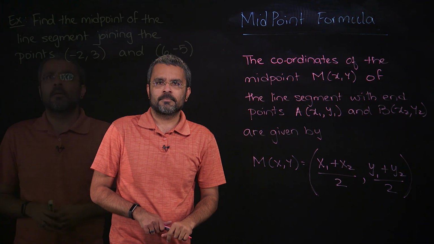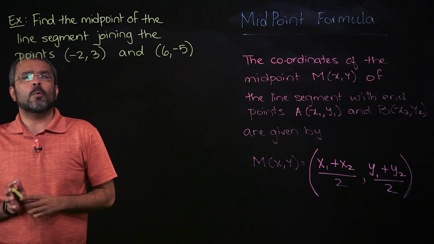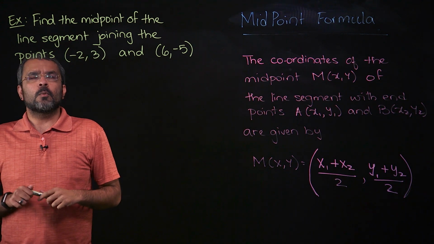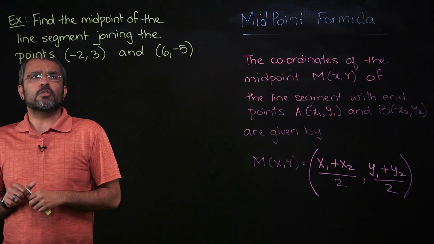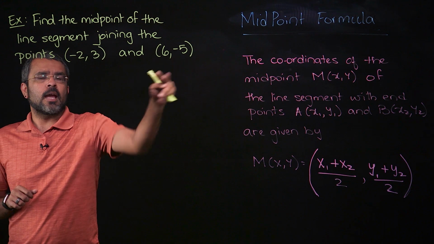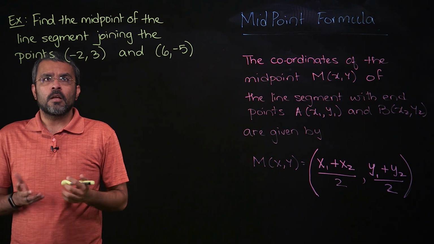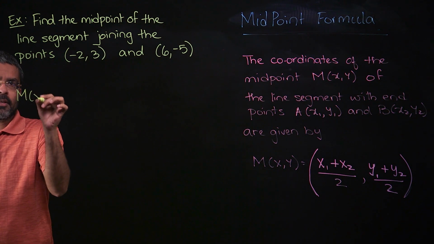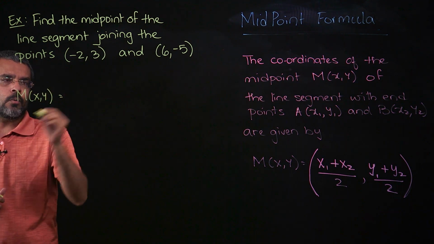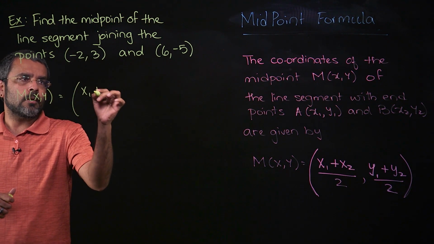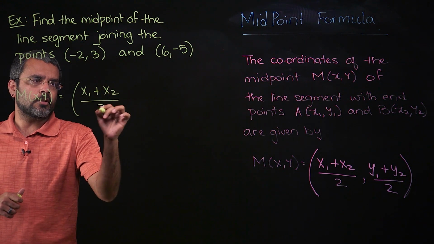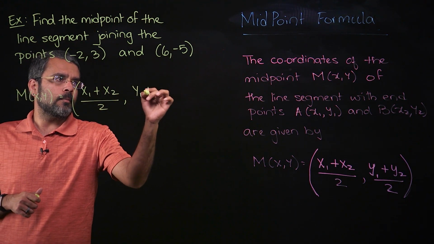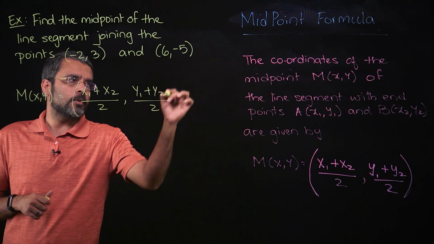Let's take an example. We want to find the midpoint of the line segment that joins the points (-2, 3) and (6, -5). Let's recall our formula: M(x, y) equals x1 plus x2 over 2, and y1 plus y2 over 2.